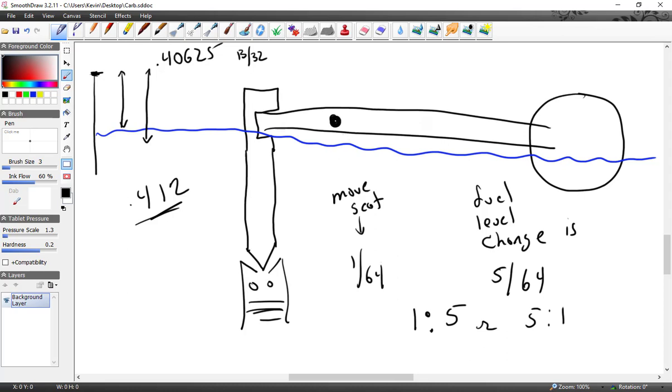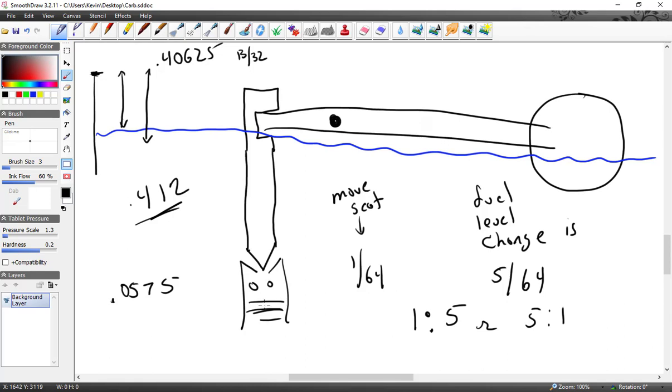So if I come back to these numbers right here, what's the difference between those two? You're going to make me do it, aren't you? The difference between those is 0.0575.